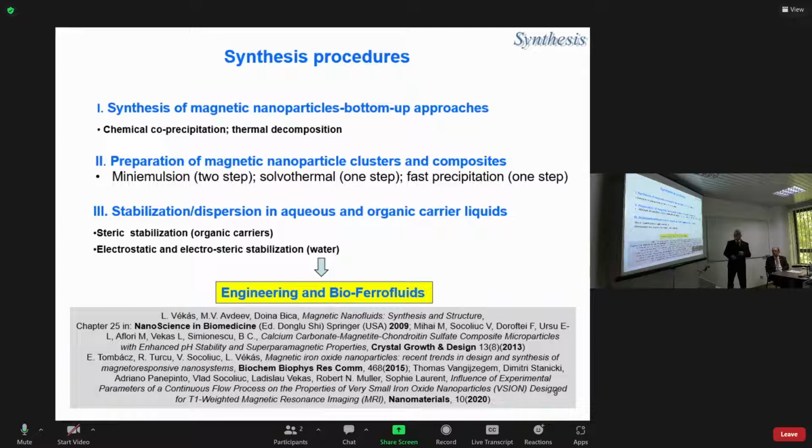You can make them directly in a one-step solvothermal procedure, or in a fast precipitation procedure I will show you a little later. Now, the last part is to disperse this, and in our field of activity now that is water, essentially. Aqueous ferrofluids are the most used in biotechnology or nanomedicine.